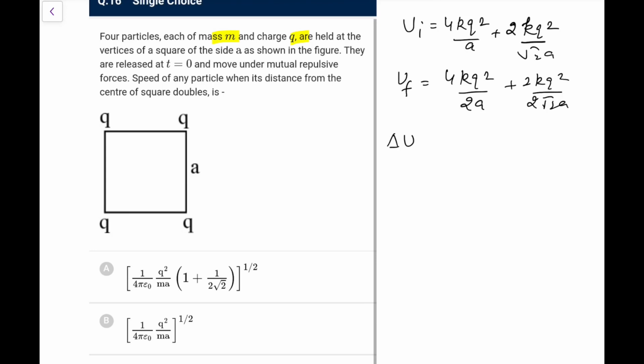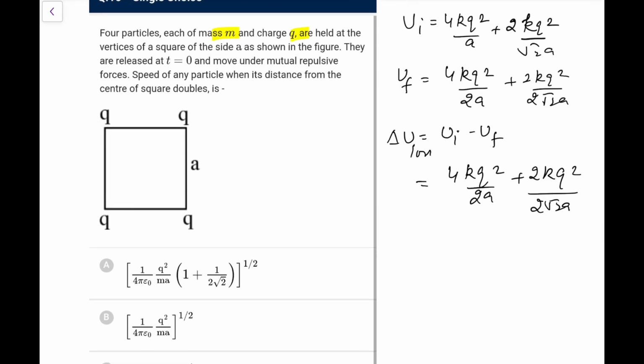So the delta U loss is U initial minus U final, it will come out as 4 kq square by 2A plus 2 kq square by 2 root 2A, because this one is double of that. That delta U loss would be equal to delta K gain, and delta K gain would be 4 times half mv square.